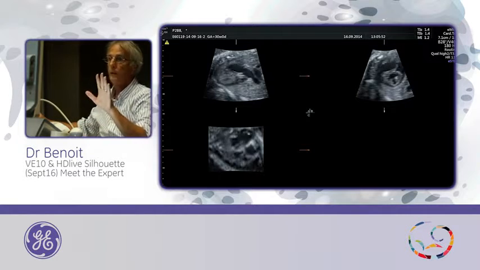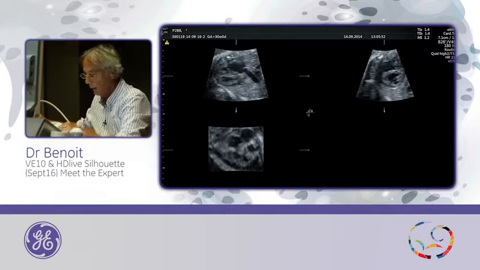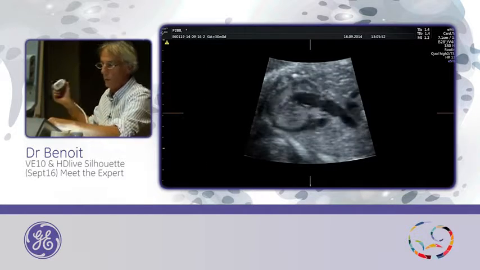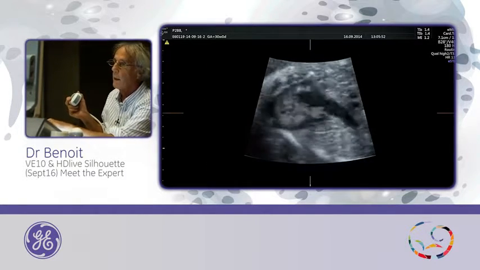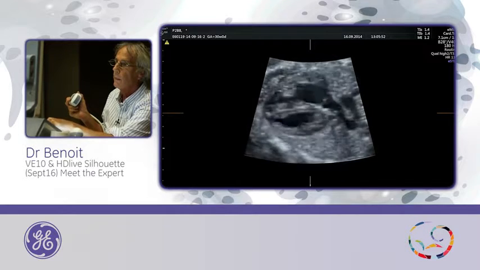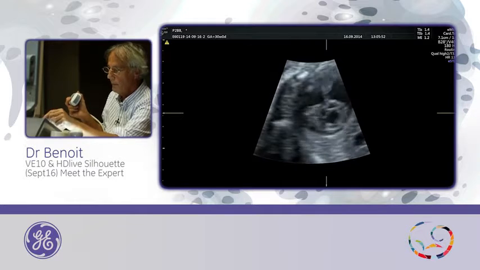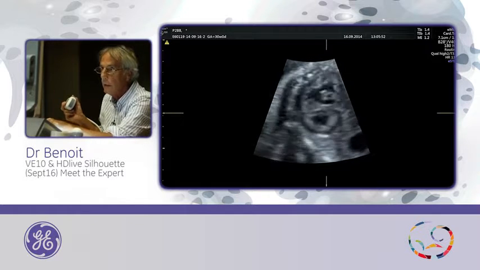So now it's no more real time. This is a STIC, and inside this STIC we can move. I will sweep. If I go to B mode, it is excellent.